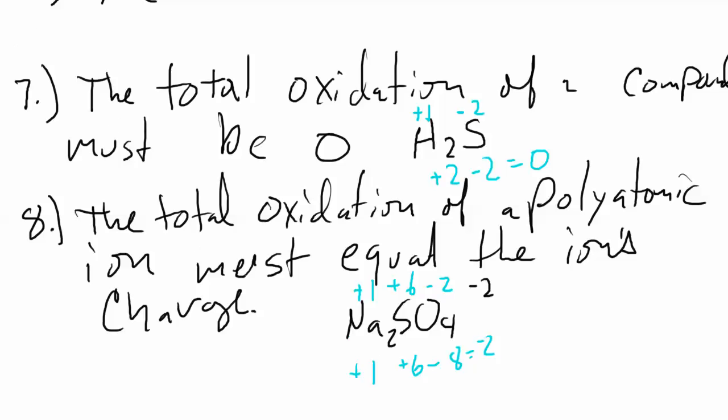So I'm going to erase these numbers down here. Now let's just look at this sulfate again. We have -2 times 4 is -8. We have +6. 6 minus 8 is -2. So we're good there.